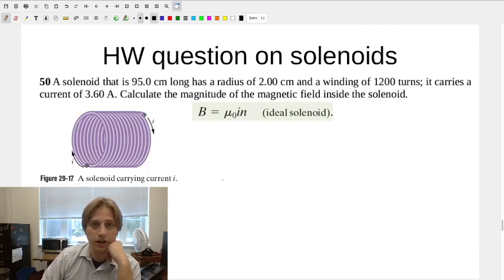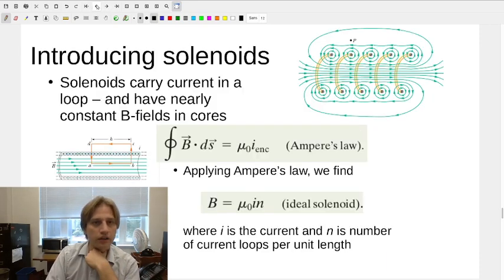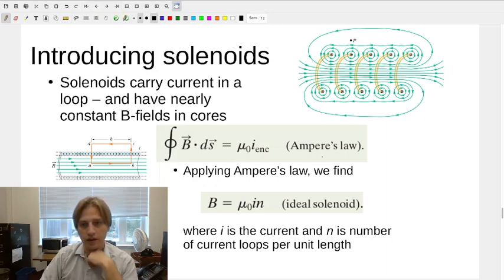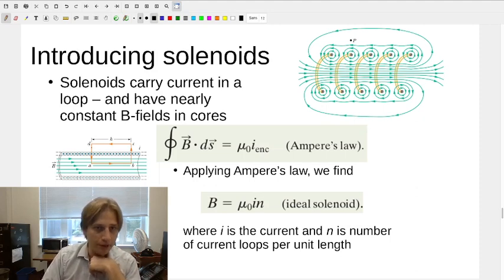So in this case, using Ampere's law, if we integrate the magnetic field around this loop, going inside the magnetic field and then coming out, this leg of the loop is going to have a zero contribution, because the direction of the path is perpendicular to the direction of the field inside.